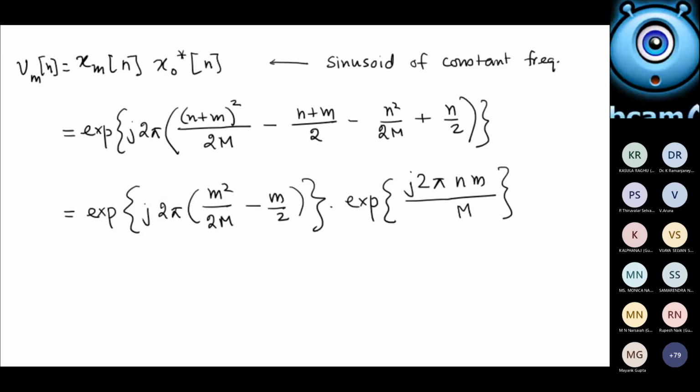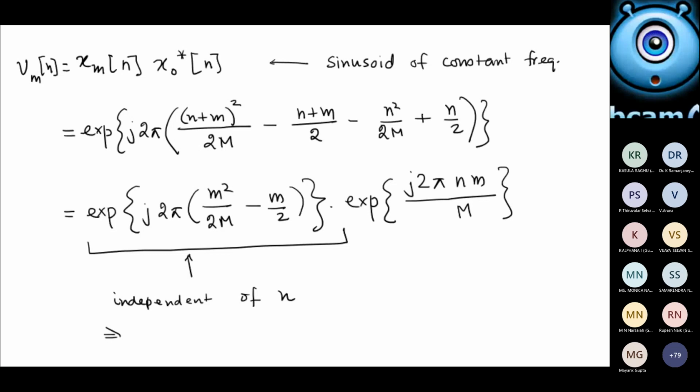Here what we have seen is that this first multiplicand has no dependence on n. So this is independent of n. n is the time instant, and this first term does not depend on n.